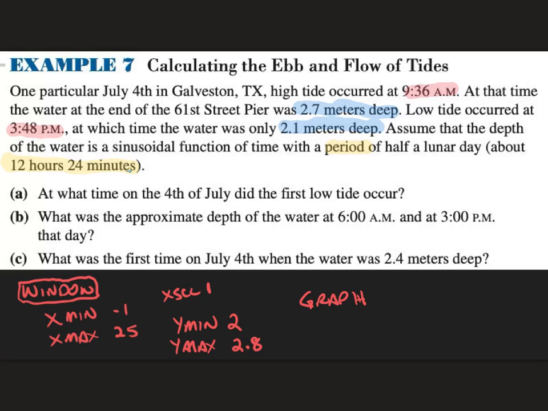I've got my graph up, and I can see that my first low occurs a little bit past 3. It's around 3 a.m. because remember, 0 to y-axis is midnight. My graph goes a little bit left of midnight. So let me show you what my graph looks like. And this is what you should see in your viewing window.